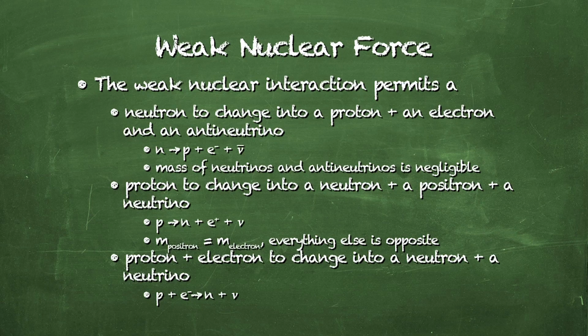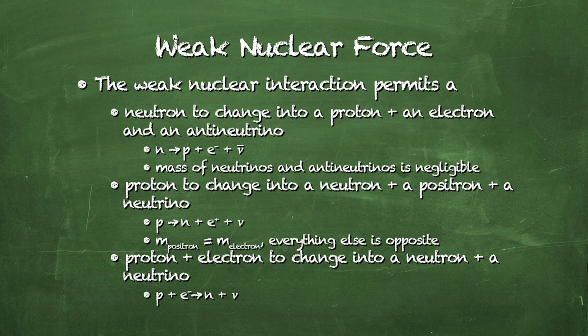And an anti-neutrino has an electron number of -1. So since we started with an electron number of 0, we have to end up with an electron number of 0. So 0 electrons to begin with, 1 electron and 1 anti-neutrino give us an electron number of 0 to end up with.